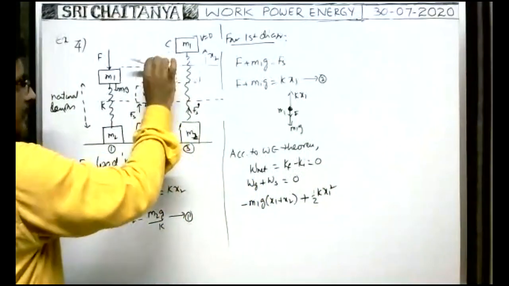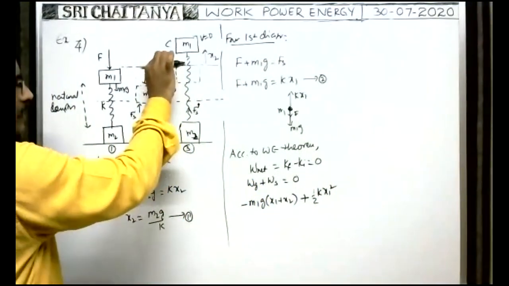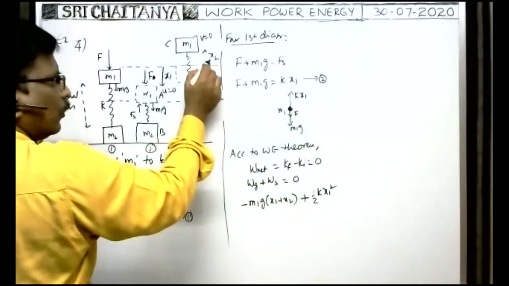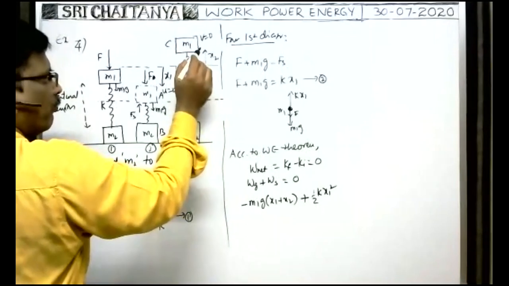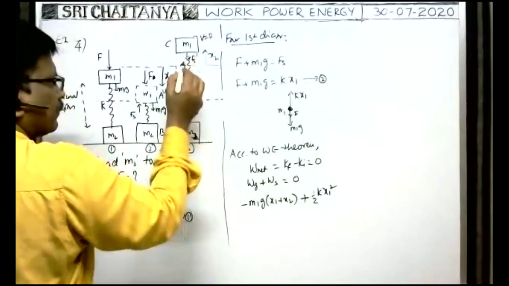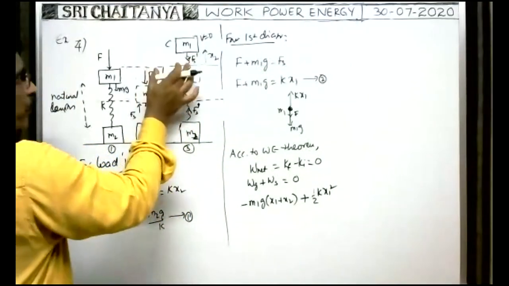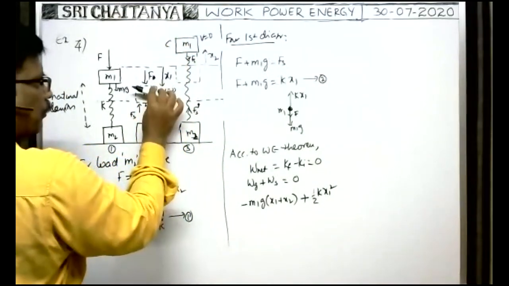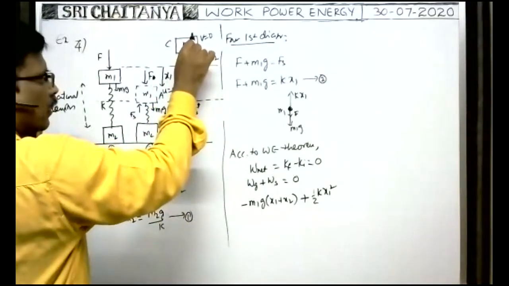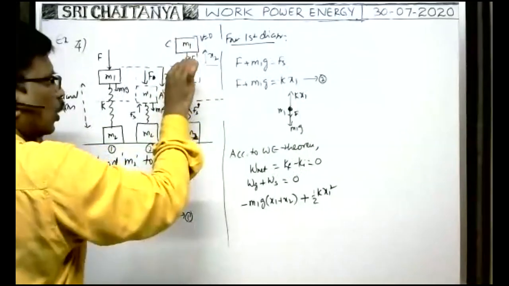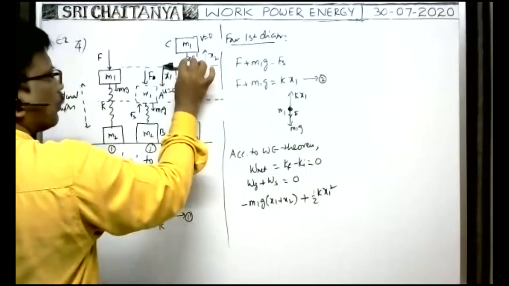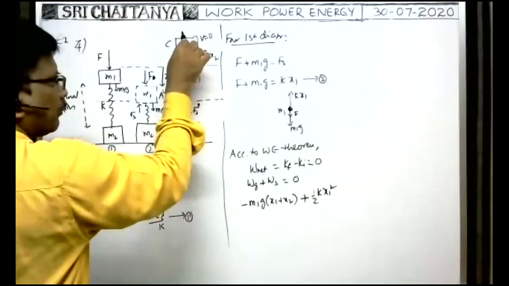But after that, x1 becomes 0. Then extension takes place in the spring up to a height equal to x2. Whenever extension takes place, the spring force acts on the block in the downwards direction. That is Fs dash. So whenever the block m1 moves above this line, extension takes place in the spring, and the spring force acts on the block downwards.